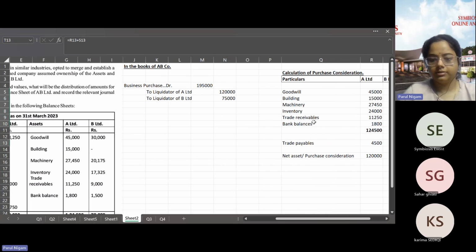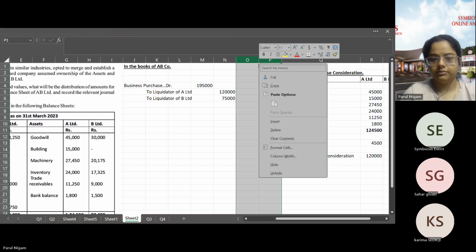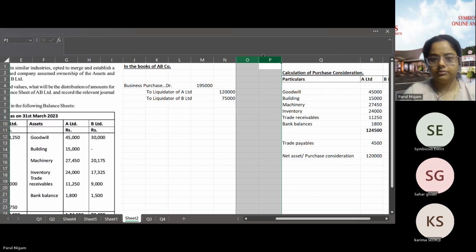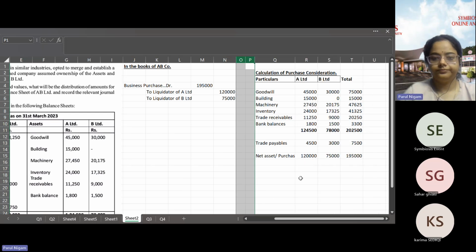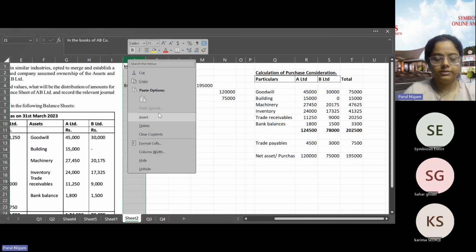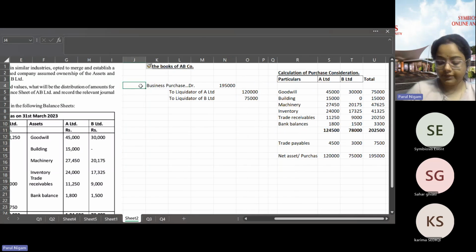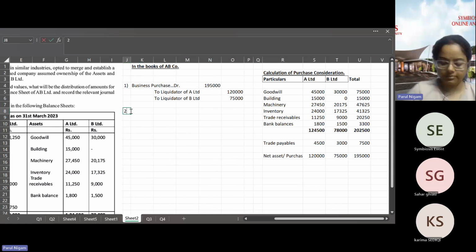Let's record it. You can see this is the first entry. Let's write entry number one. Solving entries in Excel format is a little bit challenging, just to adjust the format and everything. It becomes really time consuming.